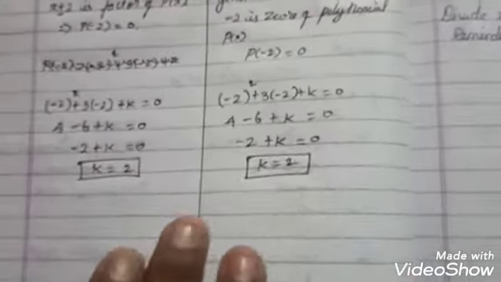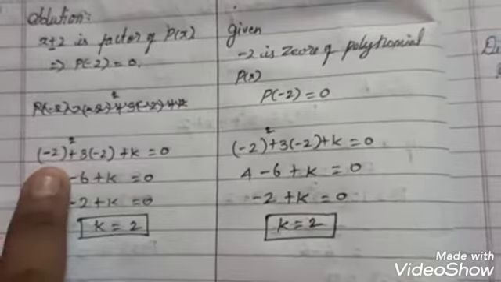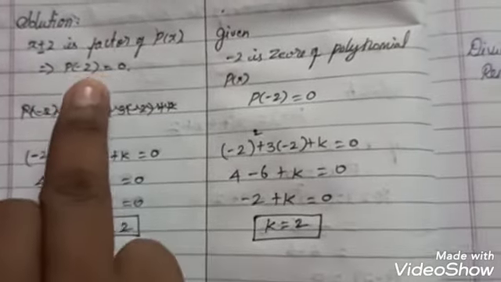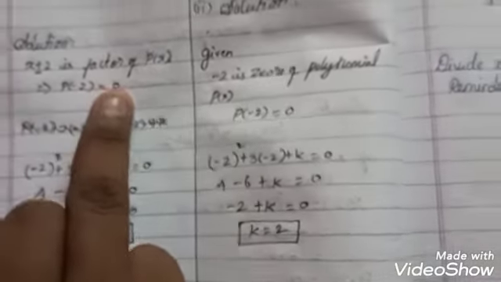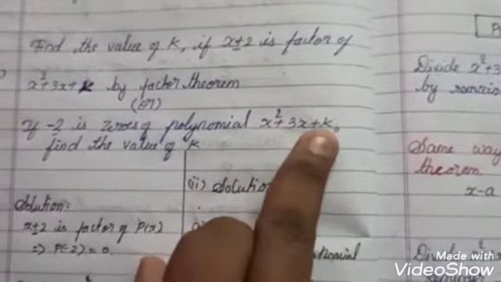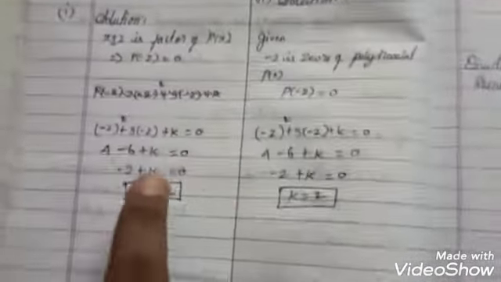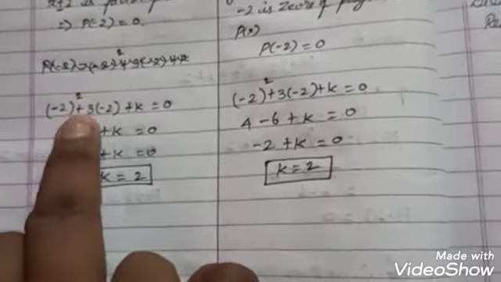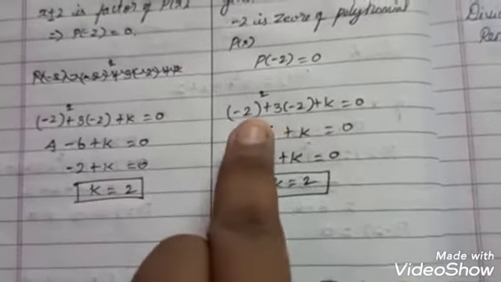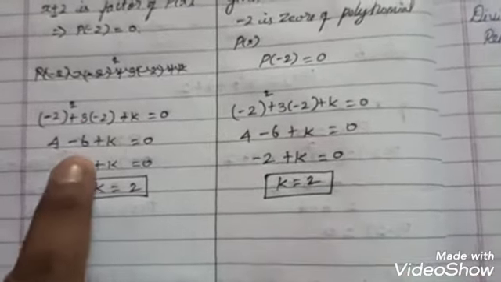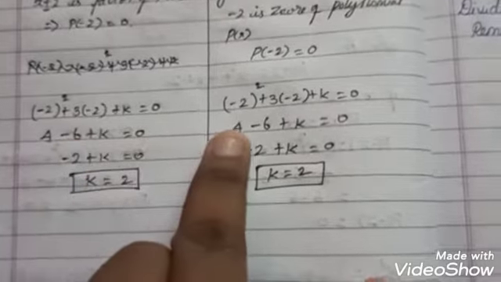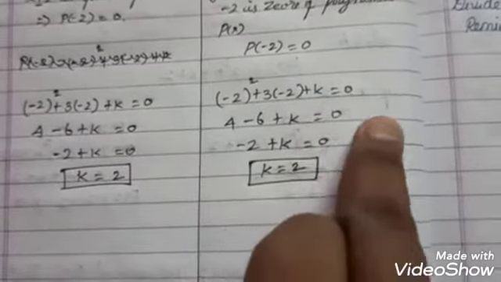Now you see, I have already applied minus 2 the whole square, plus, p of minus 2 equals 0. Instead of x I have to apply minus 2. Minus 2 whole square plus 3 into minus 2 plus k equals 0. The same way I applied here also. 4 minus 6 plus k equals 0.